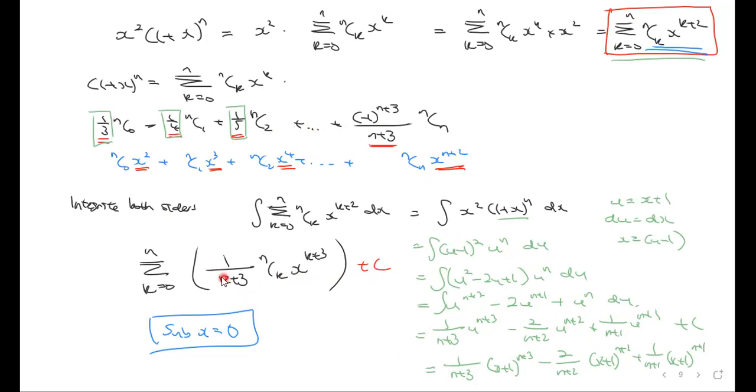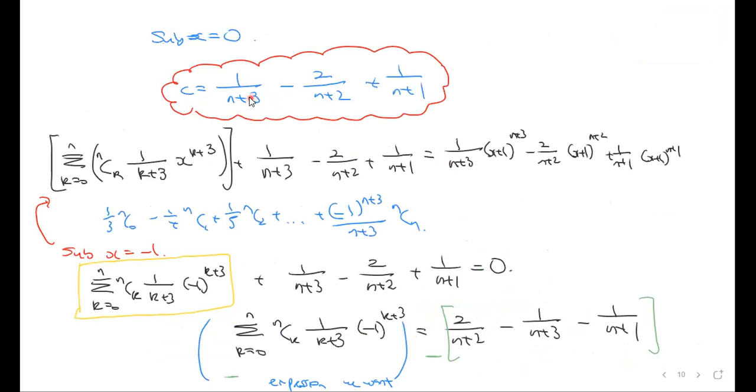But once you've integrated, and this side was fairly straightforward, you always need to determine your C. The way to determine your C is to sub in an x value. The common ones to try are 0, 1, and minus 1. All of them will theoretically work, but pick one that is nice and easy for you and fast. So we picked x equals 0 to make all of this go away, giving us C very quickly in relative terms. And that lets us determine our C and therefore our expression over here in black.